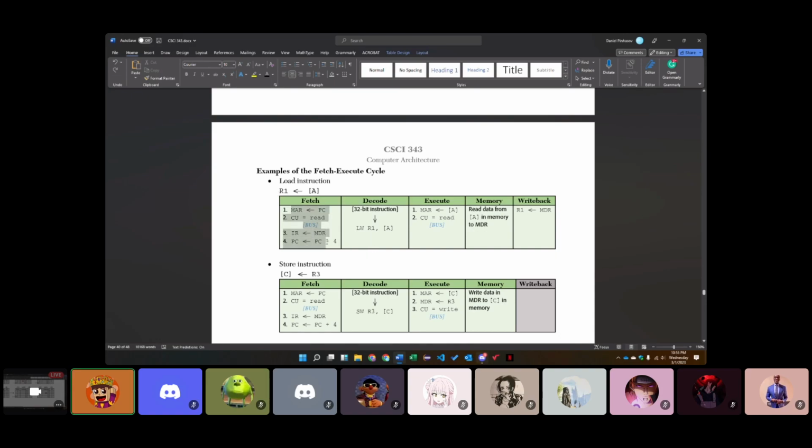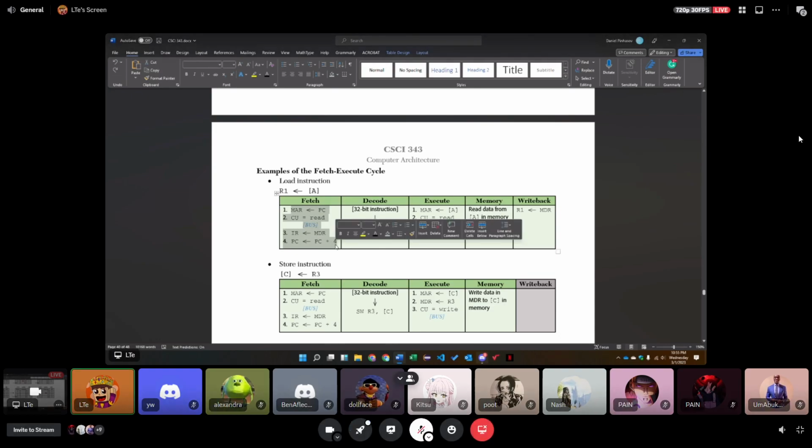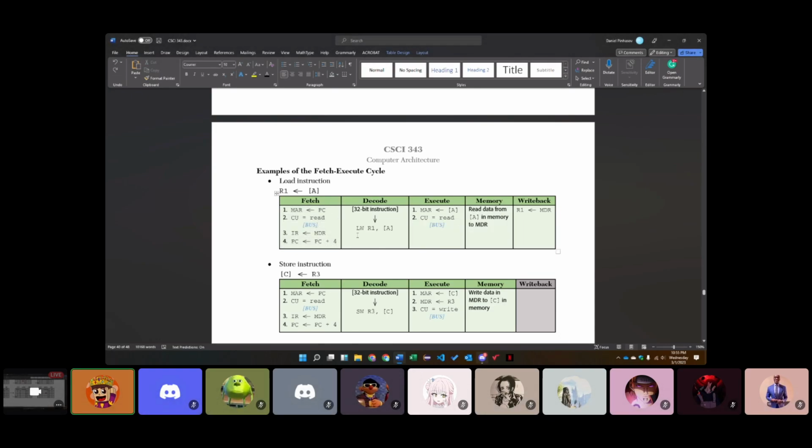Basically, whenever it changes here is the last time it changes. So if it says, what's the value of PC after the decode stage for this instruction, then the last time PC changed was here.